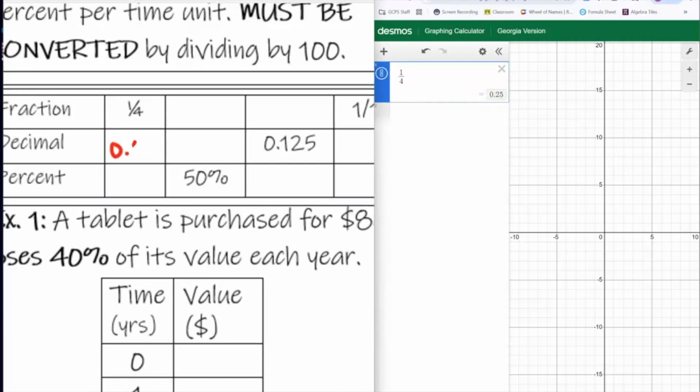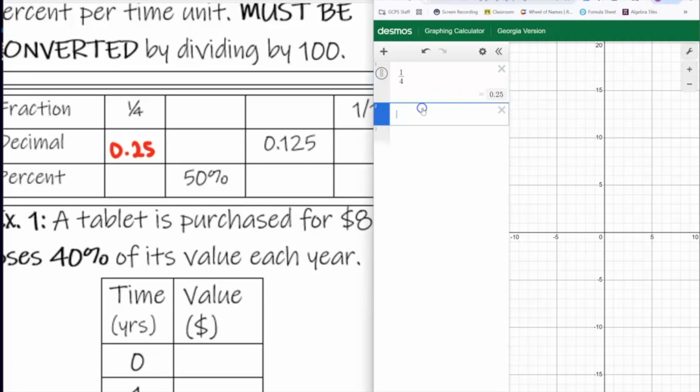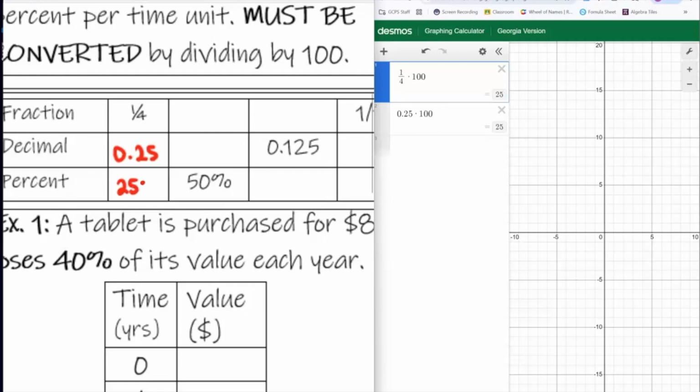If I want to make that into a percent, that is 25%. I take my decimal and multiply it by 100, or I can take my fraction and multiply by 100. Both will give me that percent value. So 1/4 is the same as 0.25, which is the same as 25%.